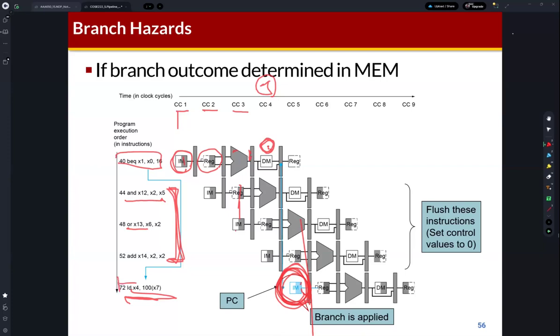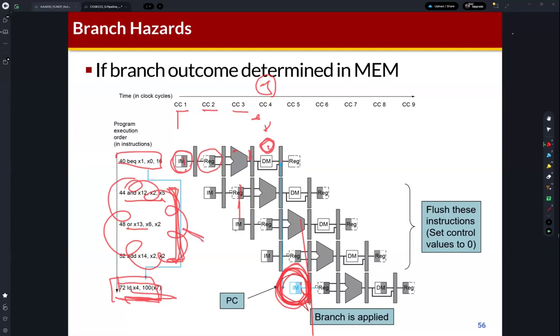Actually, this load instruction is the correct instruction, because we finally get the result of the branch instruction in the memory stage, and we get to know that the result is true, right? So these instructions are incorrect instructions, right?